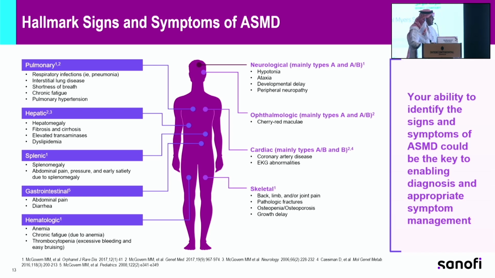CNS involvement, as I mentioned, is present in type A and type AB, with hypotonia and ataxia. One characteristic ophthalmological finding in ASMD type A and B is cherry red macules. They can also present with cardiac symptoms, but it's very rare. They can also present with skeletal problems like bone pain, osteopenia, and osteoporosis.